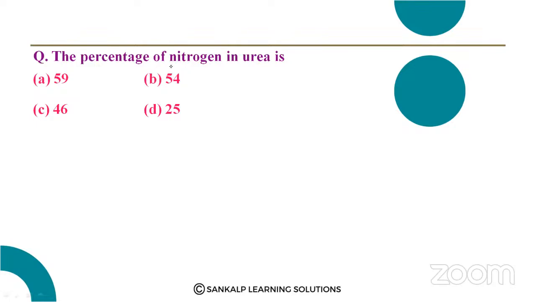What is the percentage of nitrogen in urea? What is the urea formula? Urea is NH2 CO NH2, right? This is the molecular formula of urea. So just find out the percentage of nitrogen. First you have to find out the molecular mass of urea.